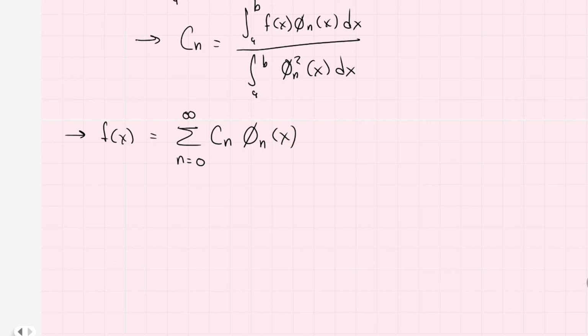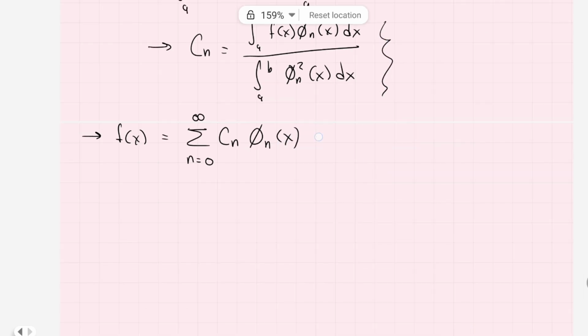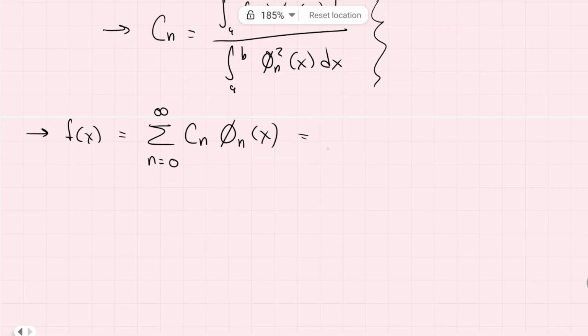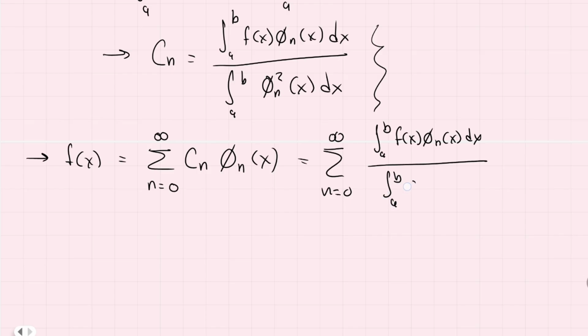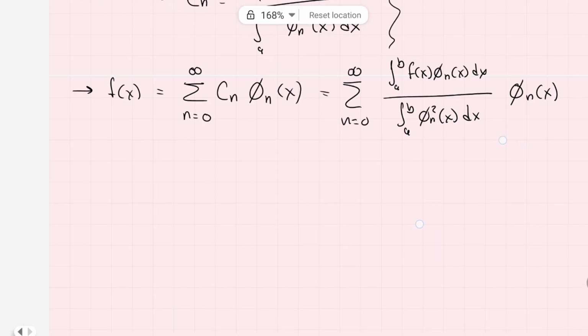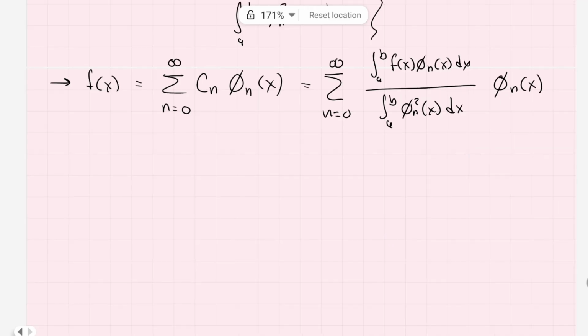But if cn is this expression that we have here, we can say that f can be written as the sum from n equals 0 to infinity of, well, the integral from a to b of f of x phi n of x dx divided by the integral from a to b of phi n squared of x dx times phi n of x. Okay, perfect. So with this we have answered the question.